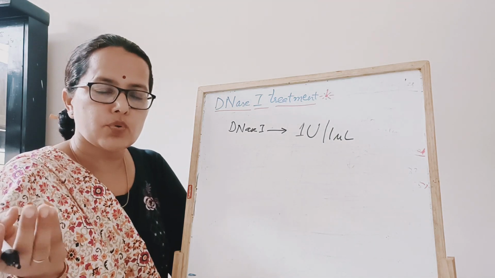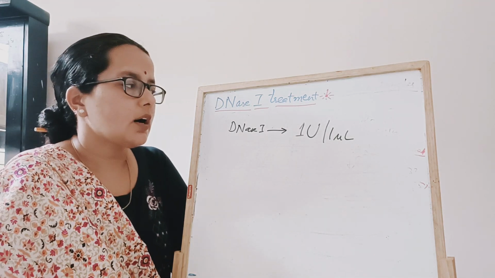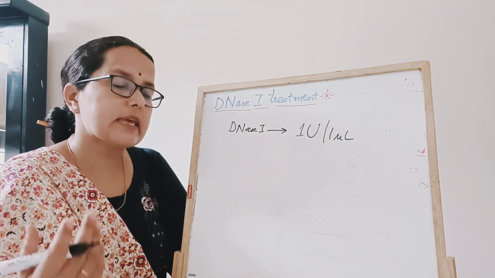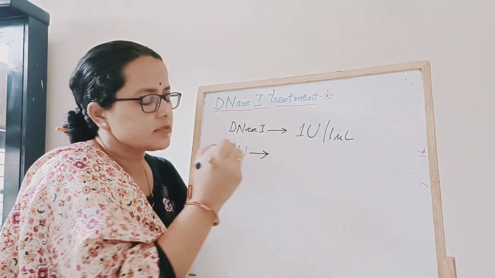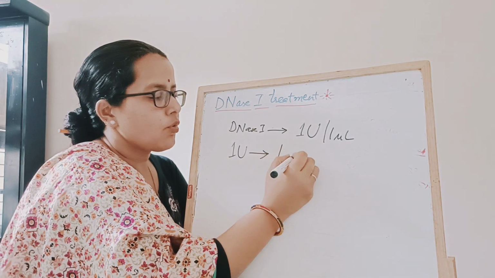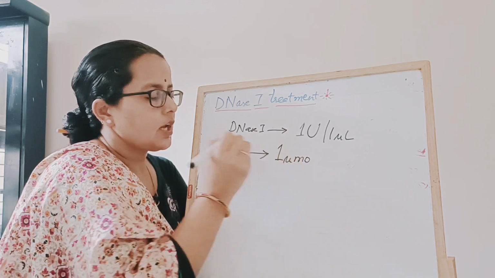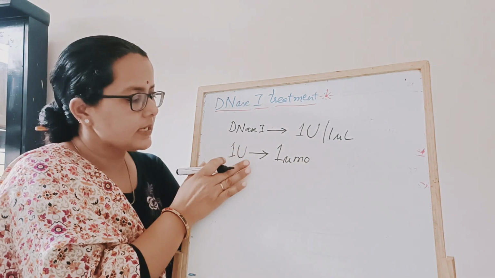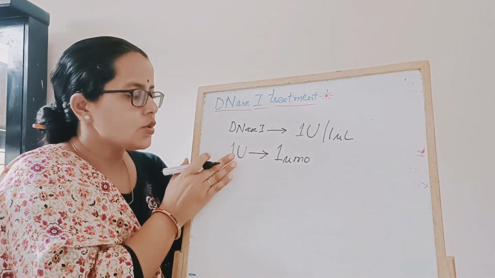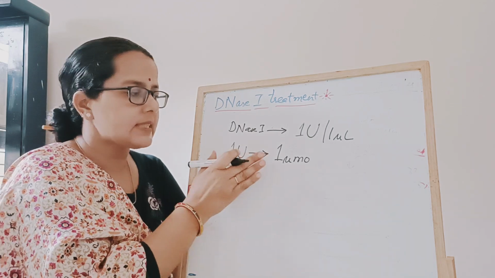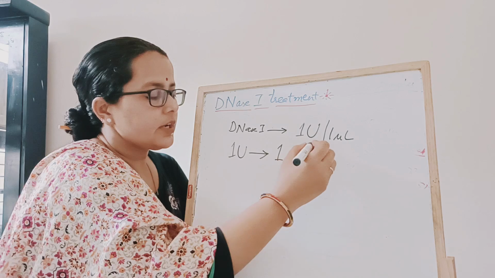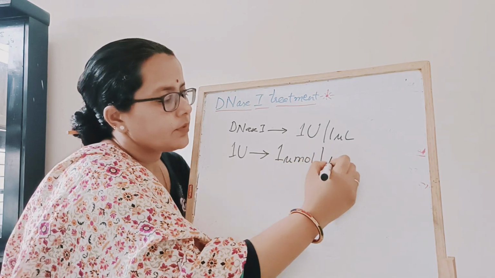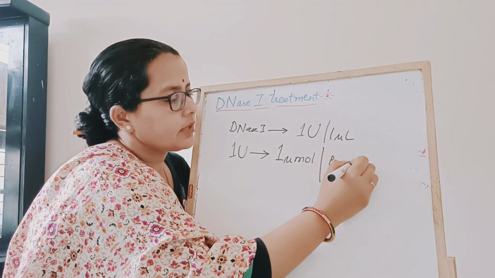And as you know, how can you explain the activity of an enzyme in terms of units? One unit of enzyme is that amount of enzyme which converts 1 micromole of substrate per minute.